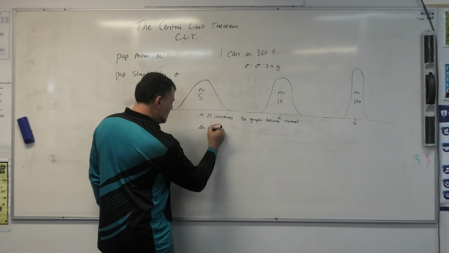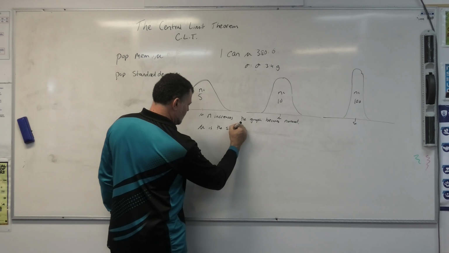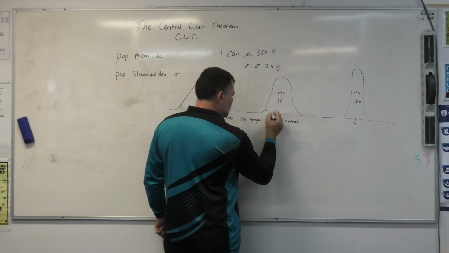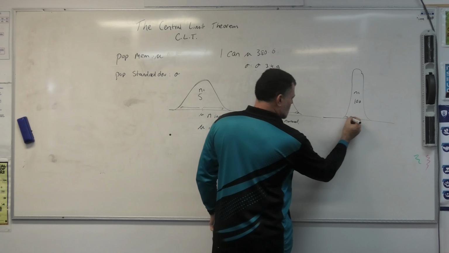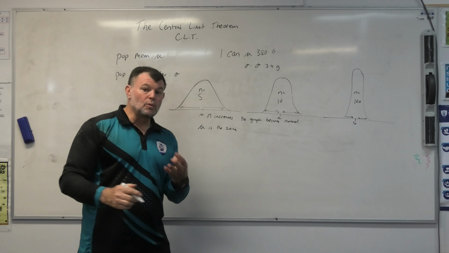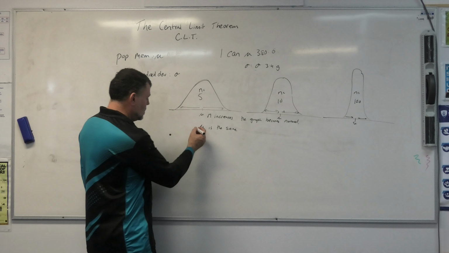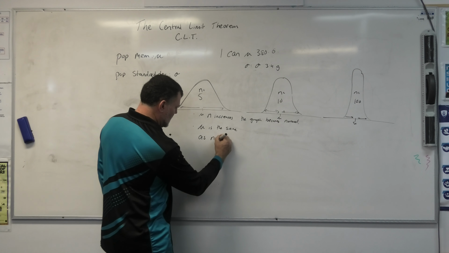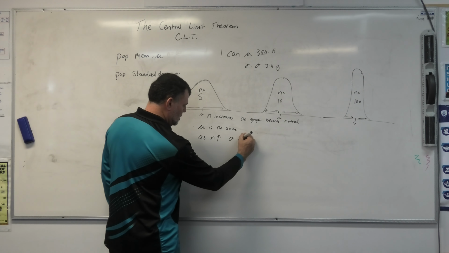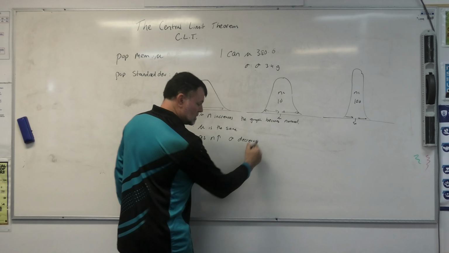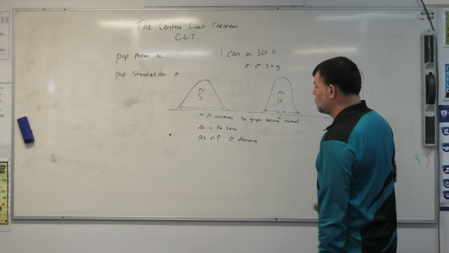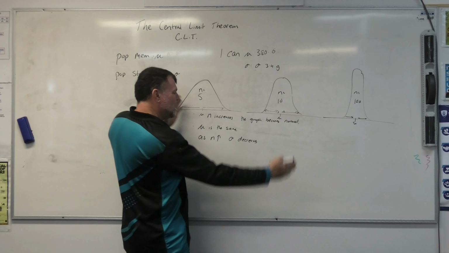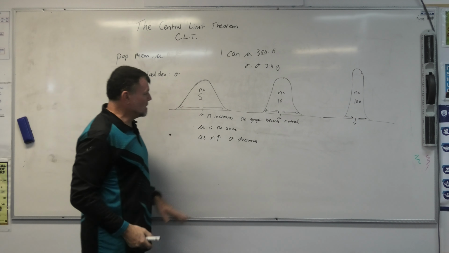Okay, so your mean is the same, but your standard deviation is decreasing as your sample size increases, which is a really important thing that we need to understand when it comes to the central limit theorem: as n increases, the standard deviation decreases. Which makes sense, because if we're increasing our sample size and the peak of your distribution curve is increasing, the standard deviation is going to be decreasing in each end.